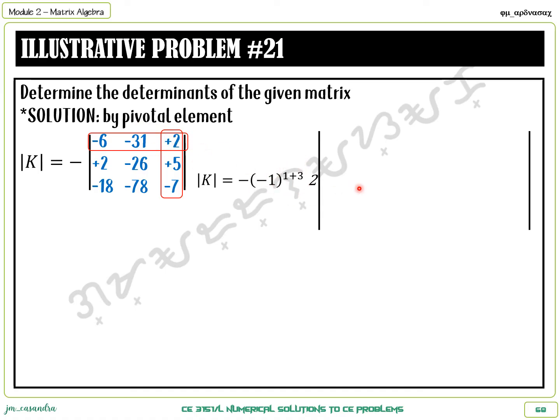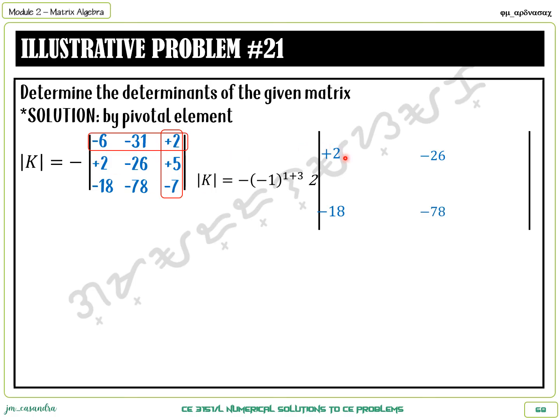So factor out 2. So what will happen on the first row? Before that, we write our minor matrix first of the pivotal element. So we'll have negative 2, negative 18, negative 26, and negative 78.